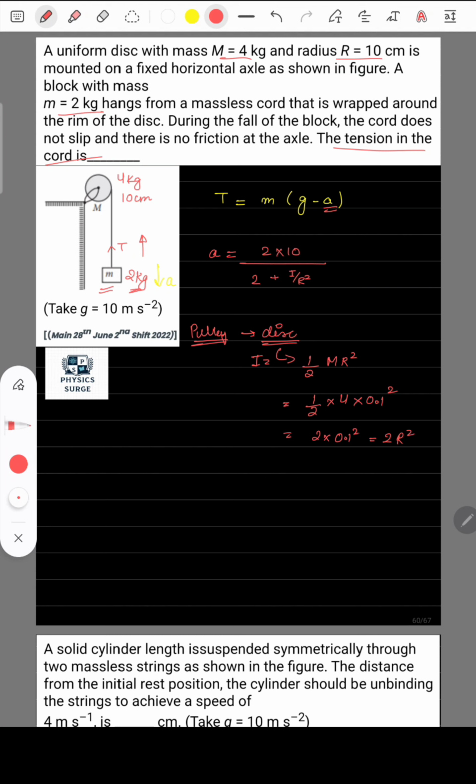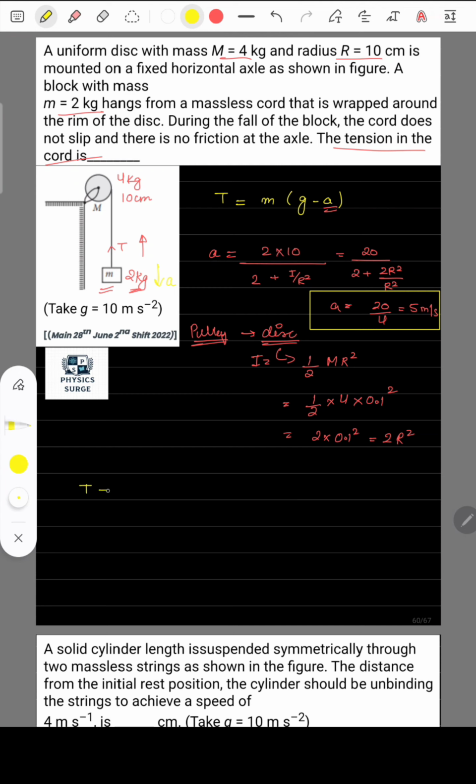I is 2r square. So 20 upon 2 plus 2r square upon r square equals 20 upon 4, equal to 5 meter per second square. Hence the acceleration comes out to be 5 meter per second square.